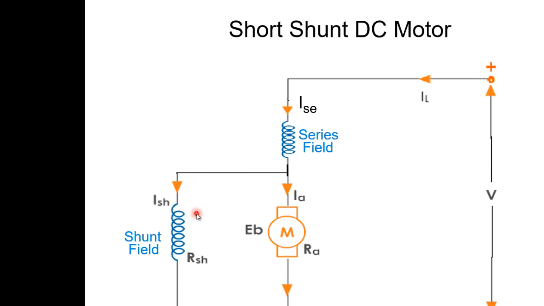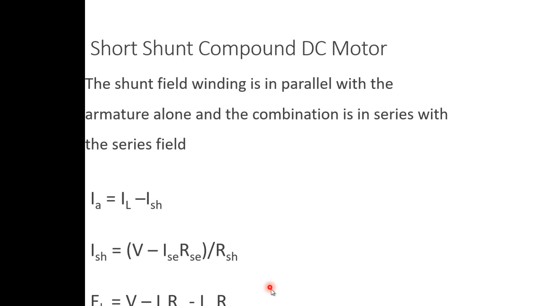So ISH will be V minus the drop across the series field winding, divided by RSH. Now the EB: EB is equal to V minus ISC RSC minus IA RA.